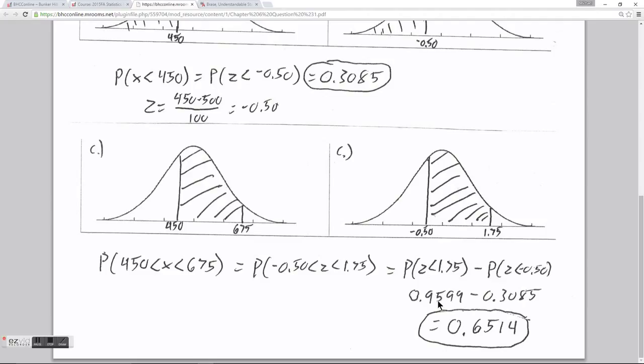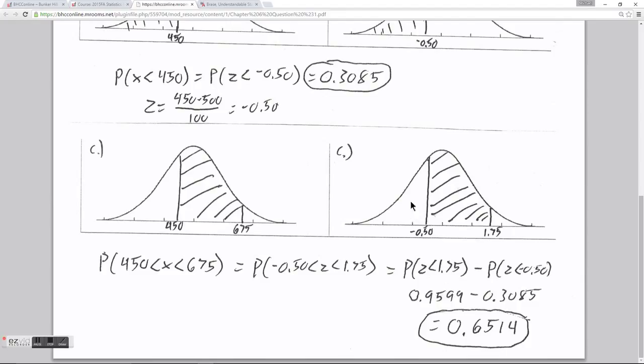It was 0.9599. But what we have to remember is that this number is the area from z is 1.75 all the way to the left. So it includes this shaded area, but also this blank space, which I do not want to include. So what I'm going to do is find the area of this blank space and subtract it from 0.9599.